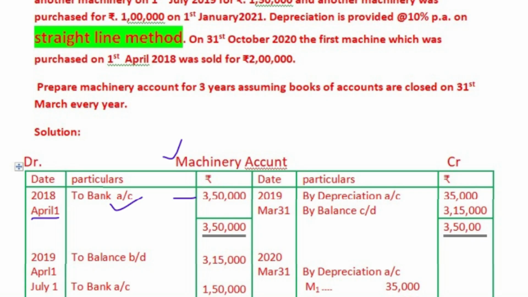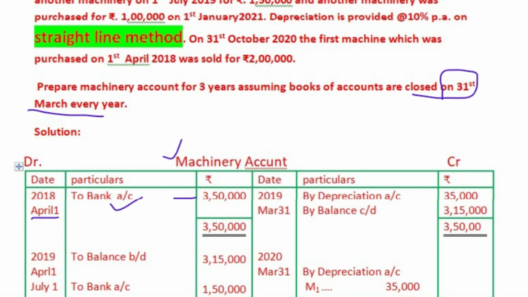Okay, now the depreciation is charged at the end of the year, so the accounting period should be closed on 31st March every year. Some businesses maintain 1st January to 31st December as their accounting period, and some maintain 1st April to 31st March of the following year.